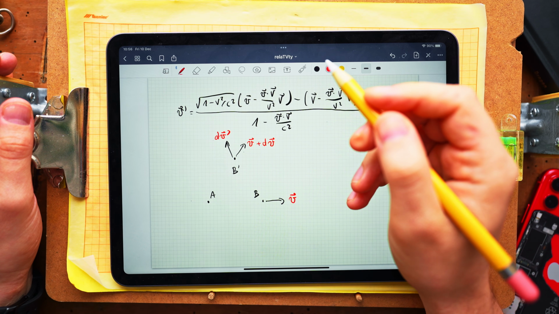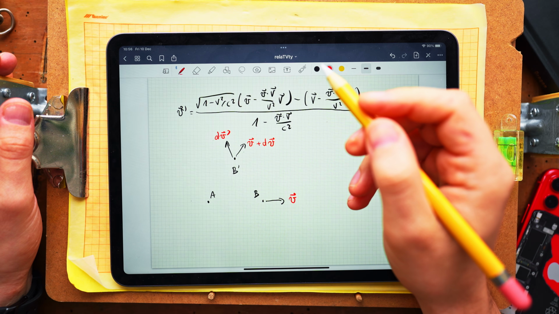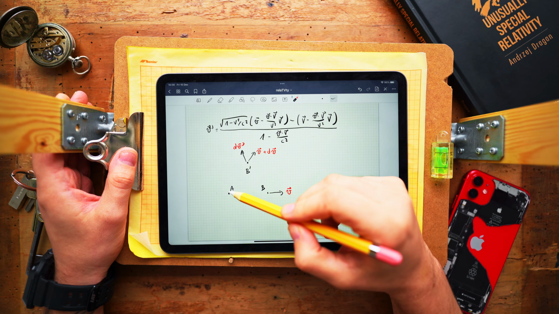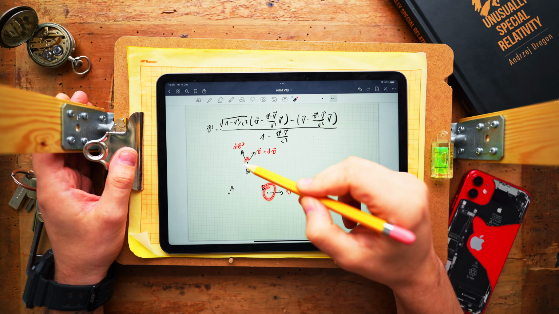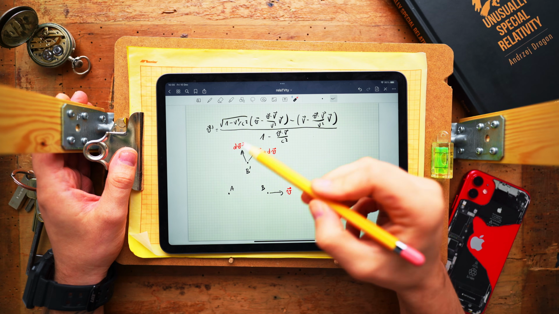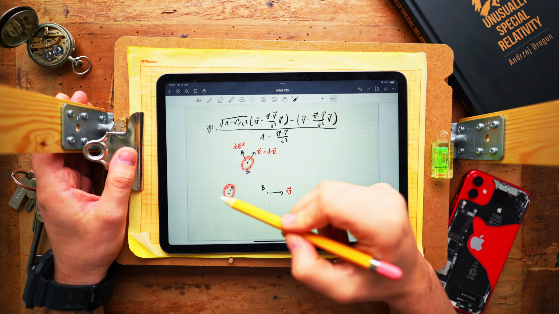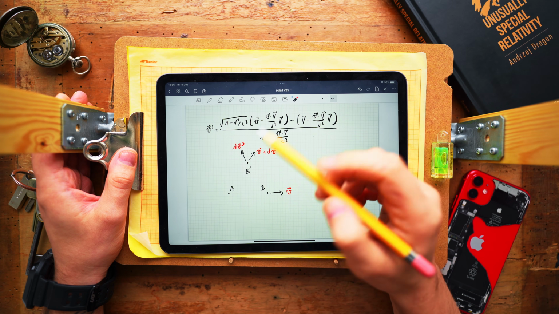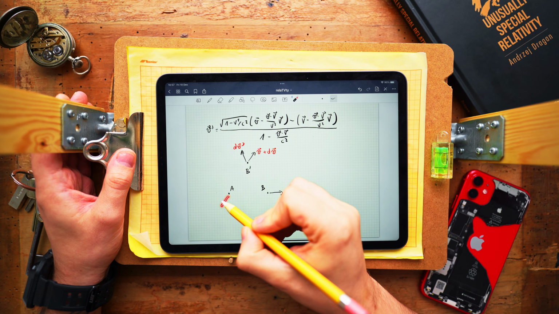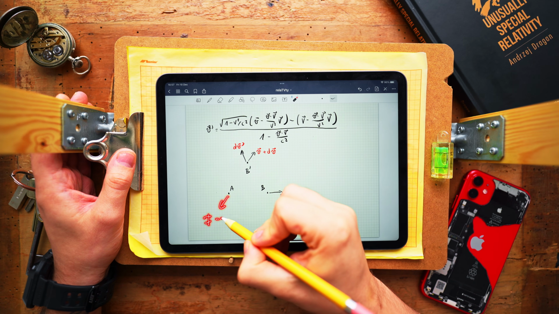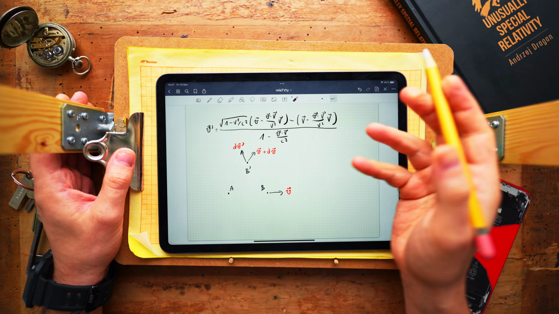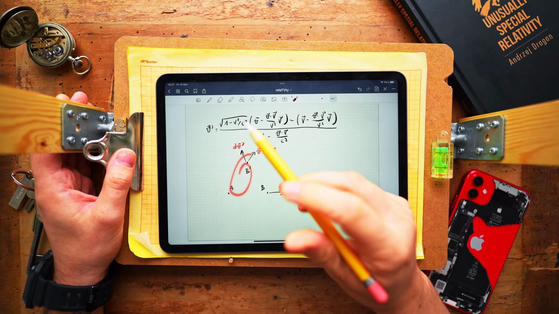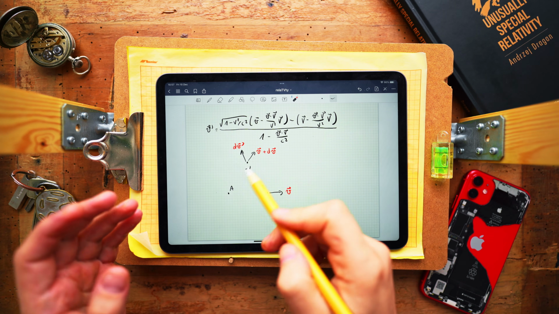So in the previous episode, we have already justified that if B is unrotated relative to A and B prime is unrotated relative to B, then in general, B prime is rotated relative to A. So that the velocity of A relative to B prime is not minus V minus dv. So we will now investigate what exactly is the angle of rotation between B prime and A.